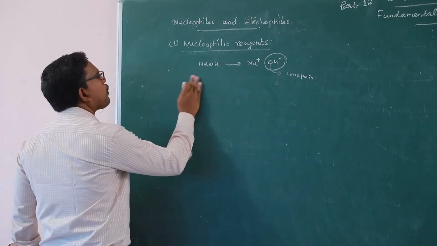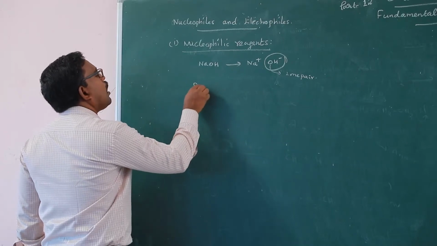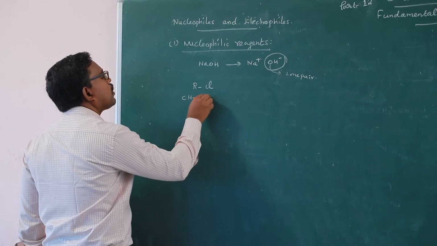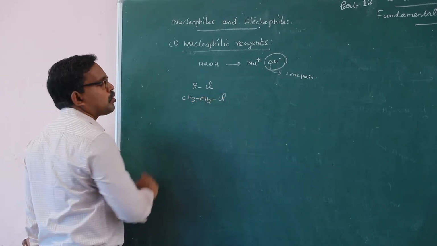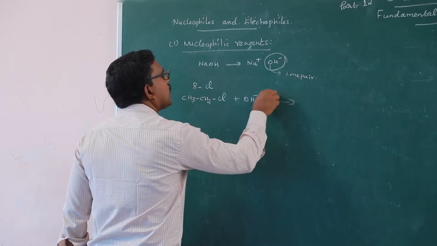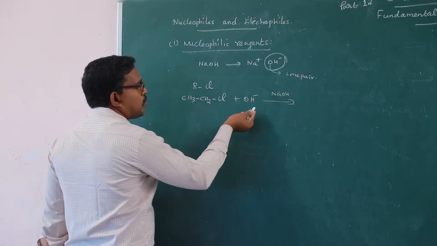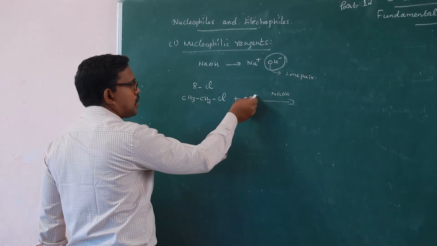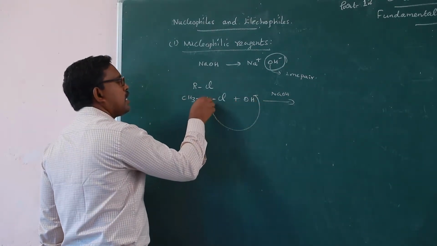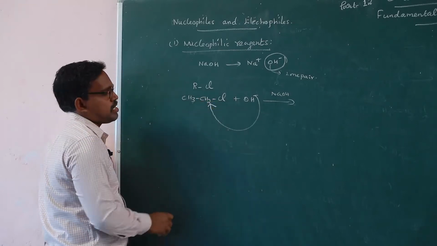For example, RCl, or simply say ethyl chloride. It reacts with nucleophilic reagent, that is sodium hydroxide. From the sodium hydroxide, the OH minus acts as a nucleophile. It attacks the electron deficient centers.